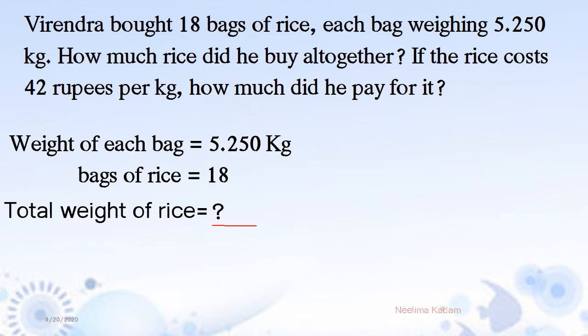Then what is the cost of this much weight of rice? So in this example, we have to multiply because the weight of one bag is given and 18 bags of rice are there. So we have to calculate the weight of 18 bags.